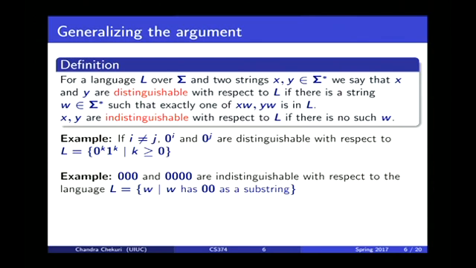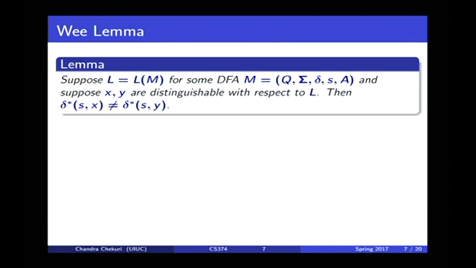So why is this notion useful? This notion is useful because if I have a language L and you claim that there is a DFA for that language, if x and y are distinguishable, then the DFA should go to two separate states on those distinguishable strings, right? If x and y are distinguishable, that means if I add a suffix, one of them is in the language and the other one is not.